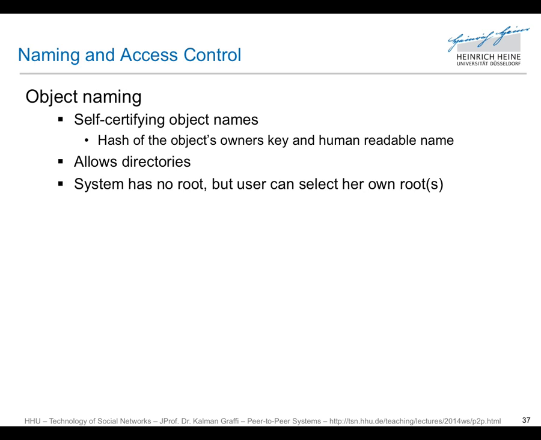So it's not just simple data blocks, but a little bit more advanced data elements, data items with metadata in it about the owner and a real name, and to use it for directories. It's up to the user where his entry points should be. There's no real user-specific entry point. So he can say this is my entry point and I'm happy with it.